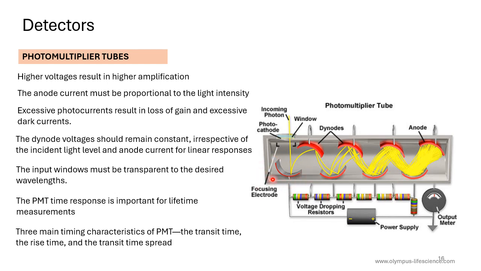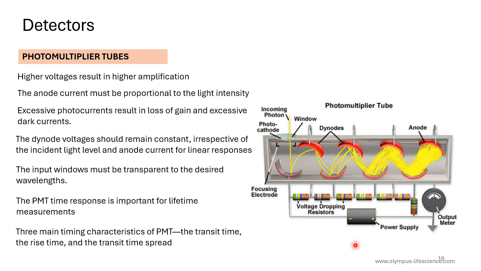Now then these 5 to 20 electrons, due to this again potential difference, go to this second diode, and this process continues until a current pulse reaches this anode. So the pulse that is generated in this anode depends upon the voltage that is applied here. So the higher the voltage, the more will be the amplification of this PMT.